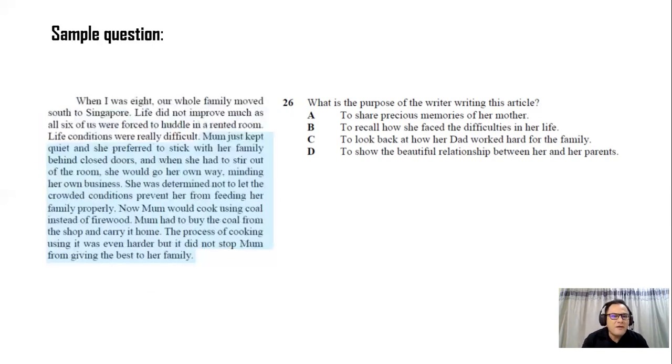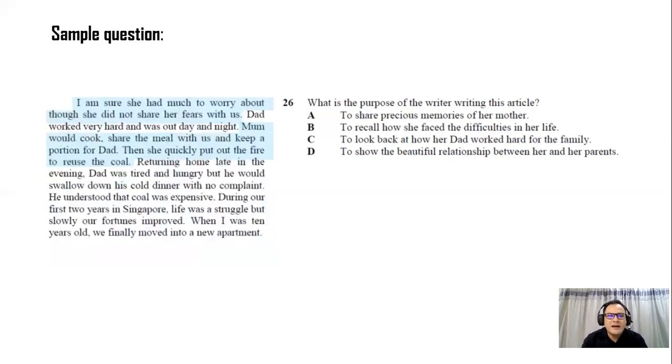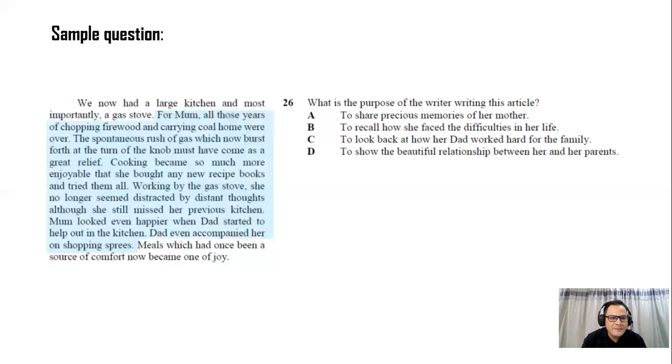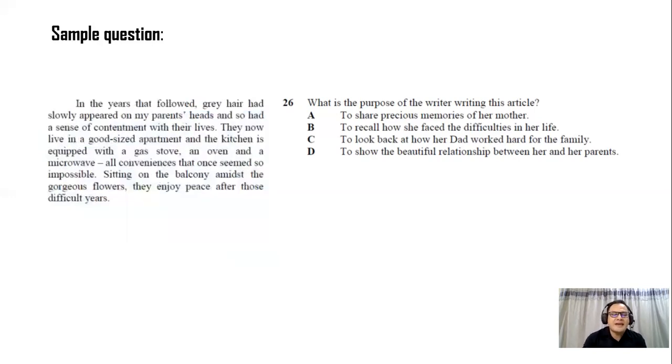Again, paragraph 4, a lot of the sentences are about the writer's mother. Paragraph 5, the same. A lot of weightage or emphasis is given to her mother. And then paragraph 6, also about the mom. So here we can say that the correct answer is actually A, to share precious memories of her mother.